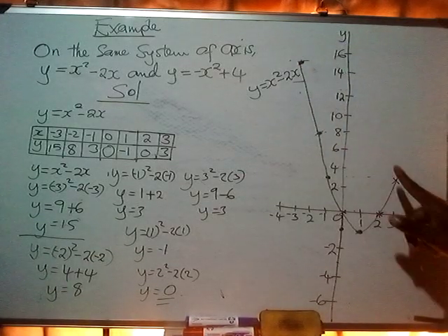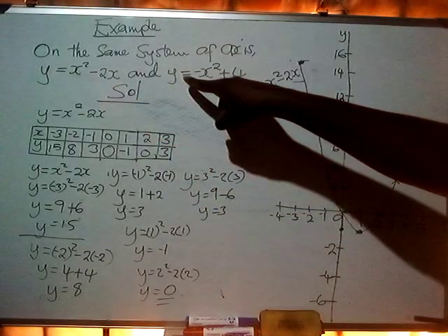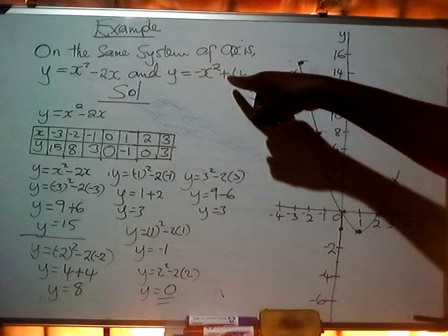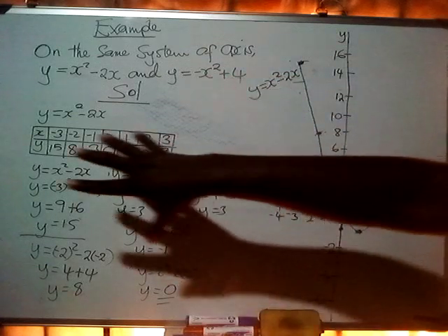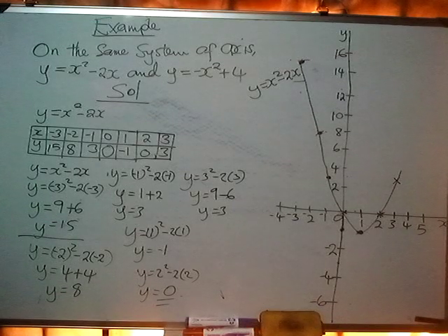Let us go to the next one. We also need to plot the other one, which is y is equal to -x squared plus 4. So we are going to plot it using the same range and see the output.